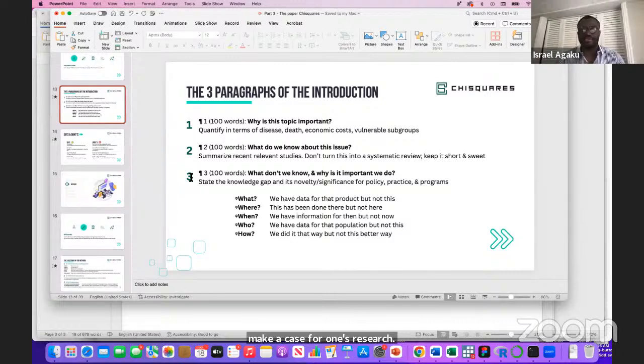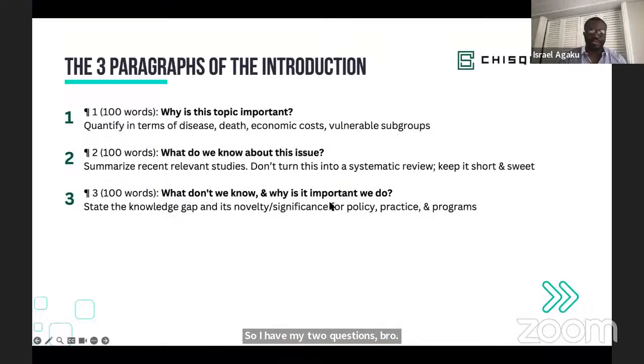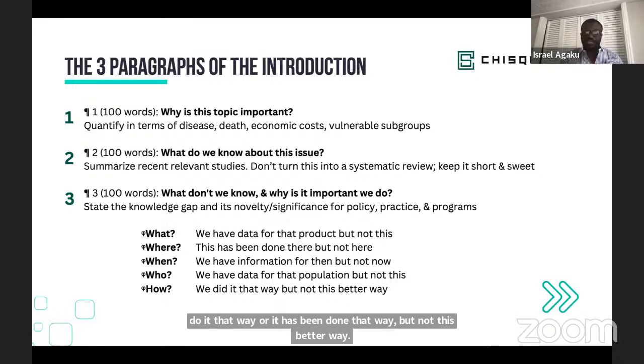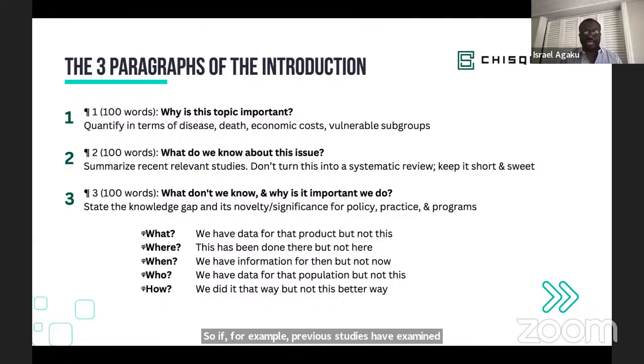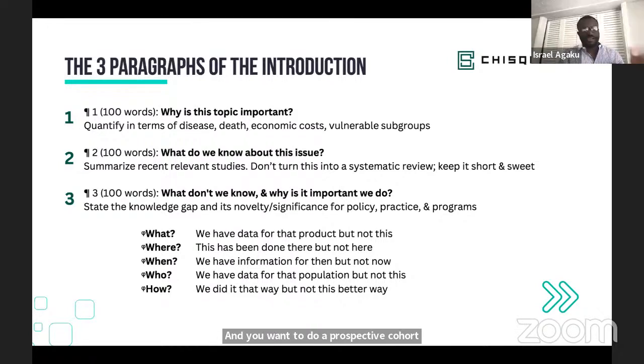All right, sure, thanks. So yes, in the first question, you can say: we did it that way, or it has been done that way, but not this better way. So if, for example, previous studies have examined the relationship with retrospective cohort data, and you want to do a prospective cohort, then you can say yes, there's justification because the other studies have done it this way, and here's the problem.